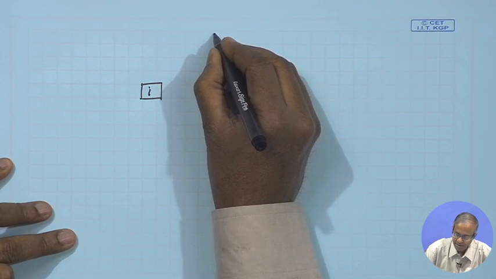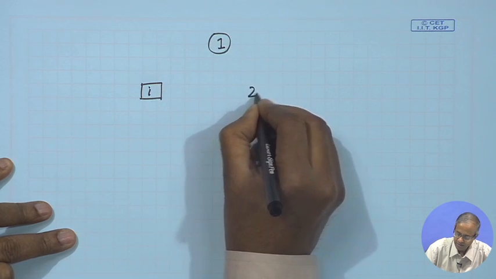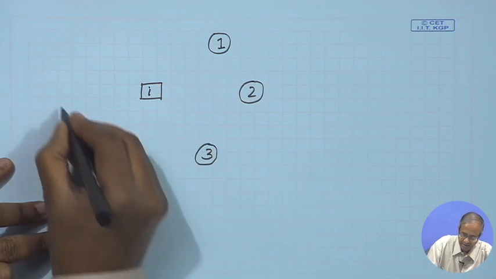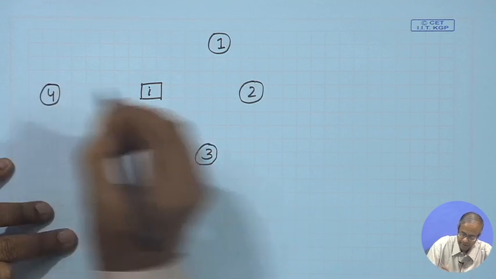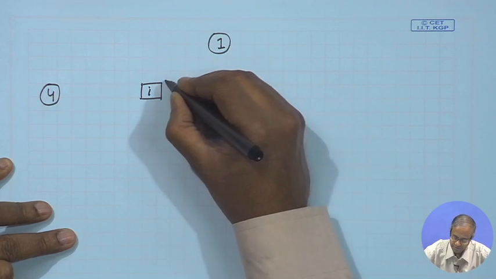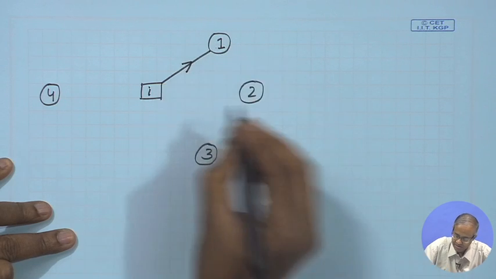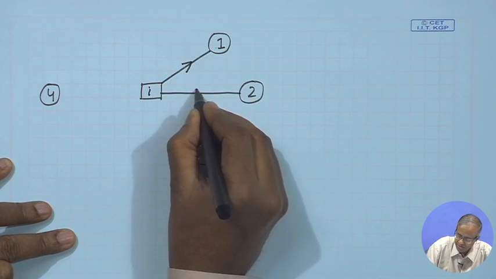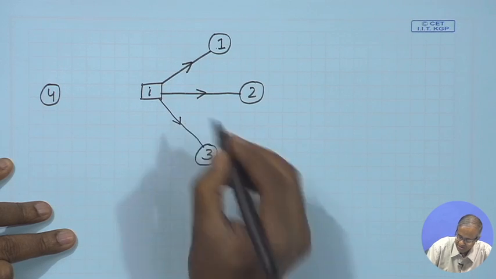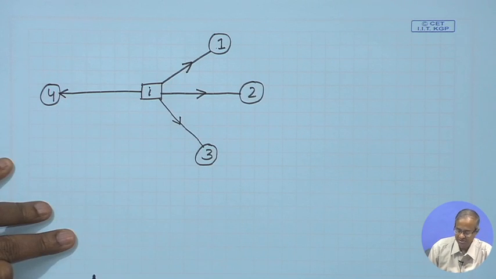There are already 4 blocks which are already placed, let us say 1, 2, 3 and 4. So, each of these blocks is generating some attractive forces. So, 1 is trying to attract I towards itself, 2 is trying to attract I towards itself, 3 is trying to attract I towards itself and 4 is trying to attract I towards itself.